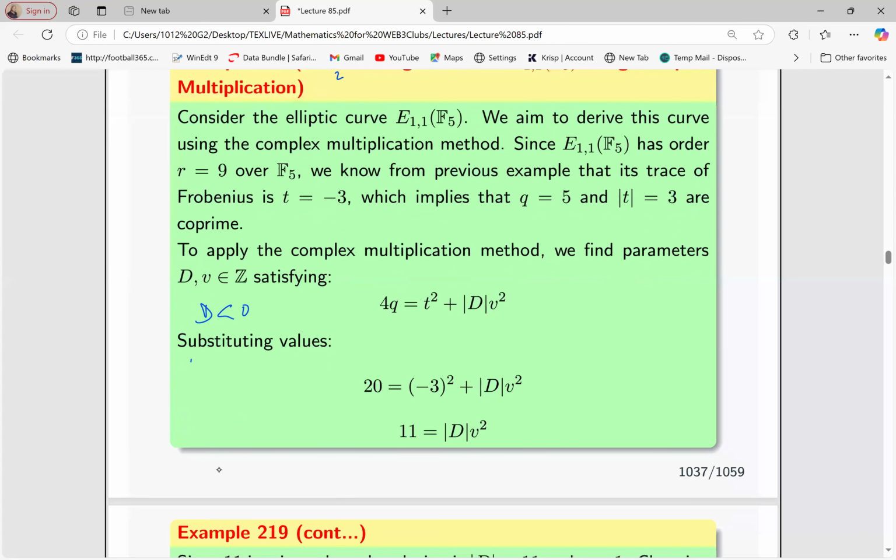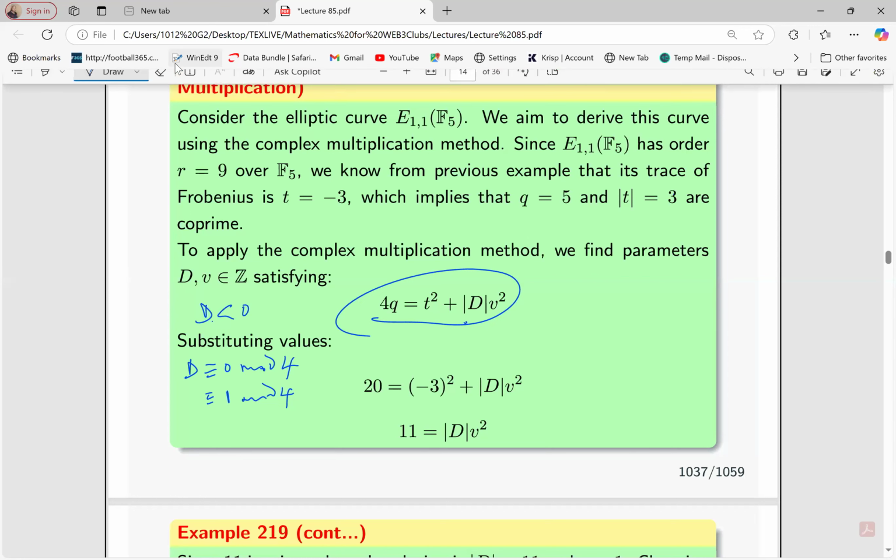And the other one I remember is that D should be congruent to 0 mod 4, or if that is not the case, then it should be congruent to 1 mod 4. And the other condition is this. This is the one I'll go straight to and use first of all, and then I compare with the others just to choose my right D. So I go straight to this condition.